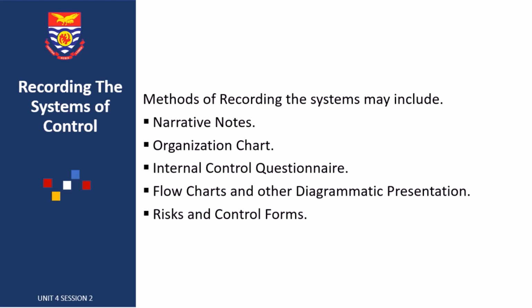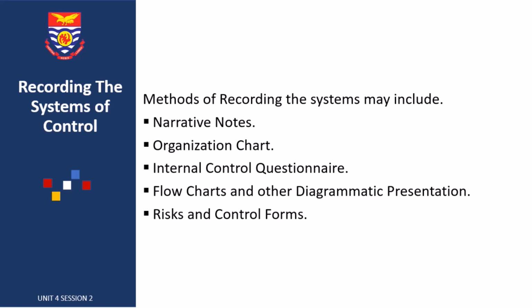The flow lines represent the sequence of processes, and the other symbols represent the input and output to a process. An example of a flow chart is the receivables flow chart.